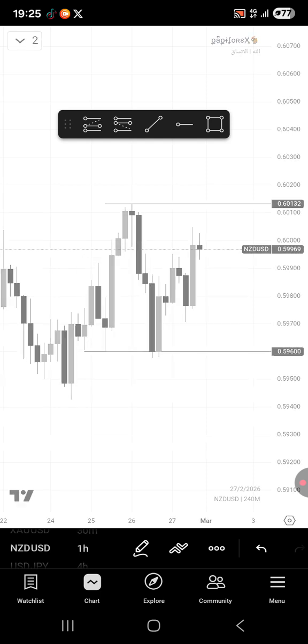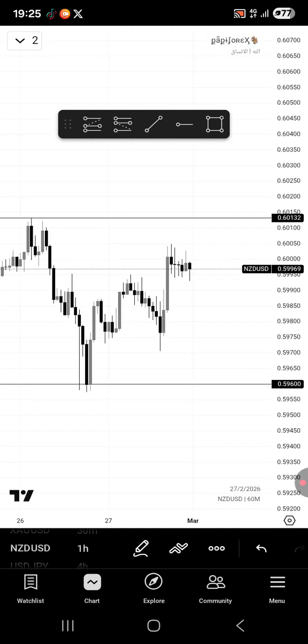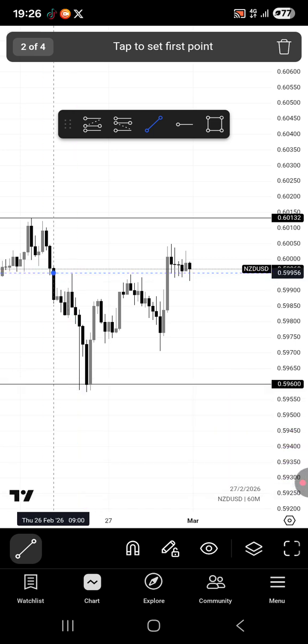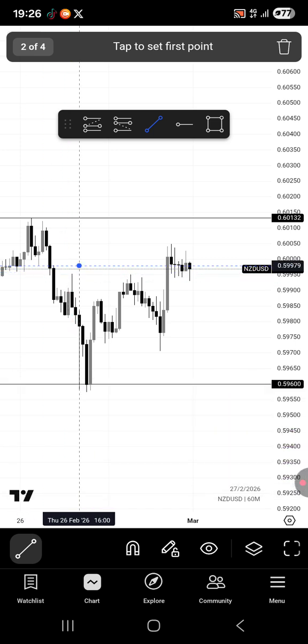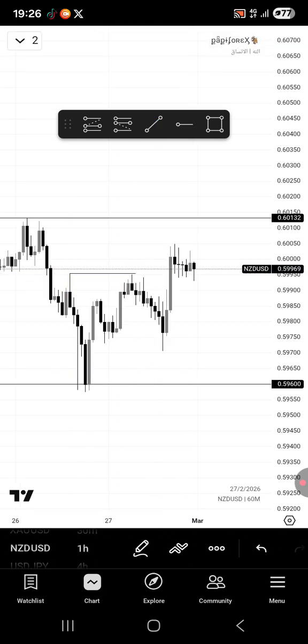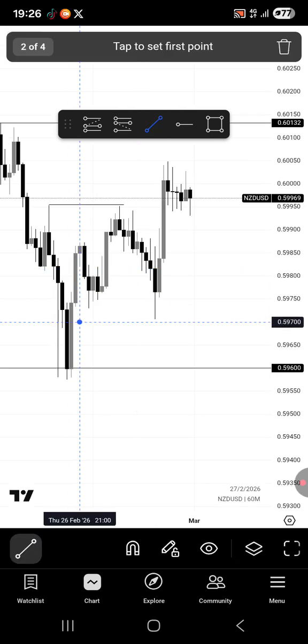A breakout. So I went lower to my 1 hour. So this is my breakout. Here's my breakout.